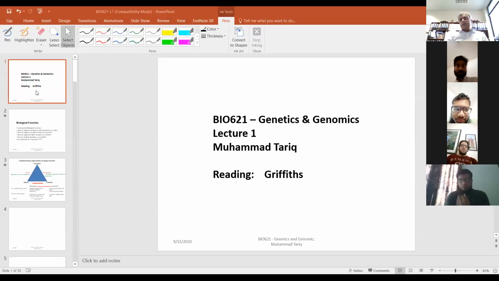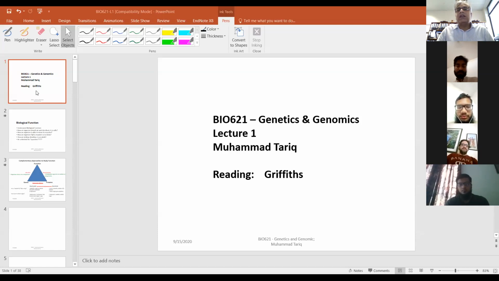So, as biologists, we aim to understand cell function, and what we dream of is to understand the function of each and every individual component within the cell.